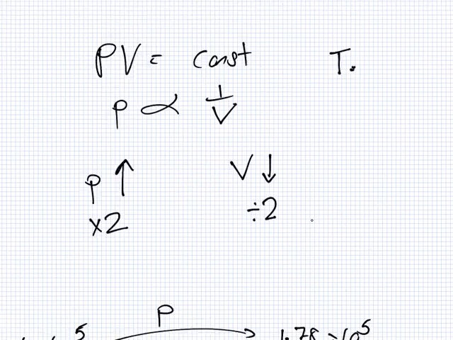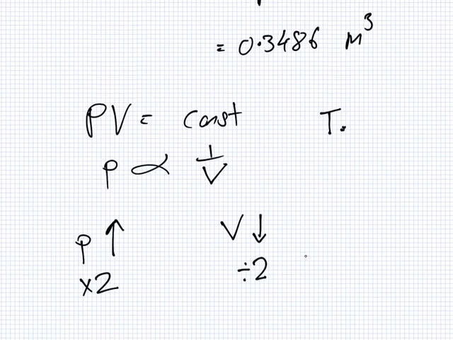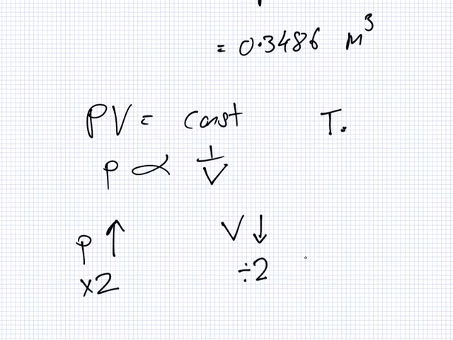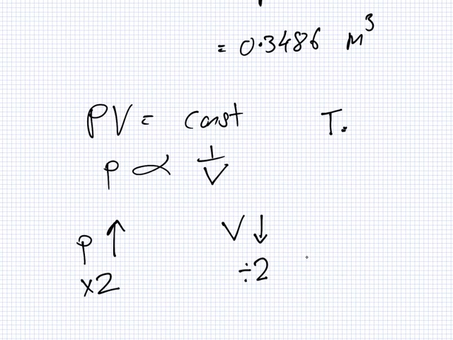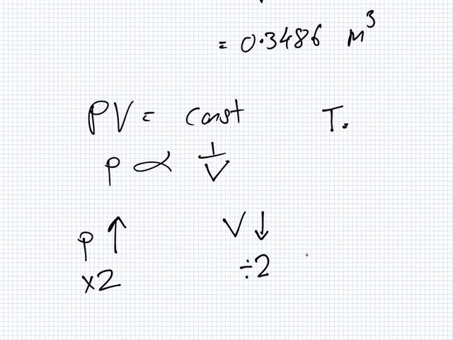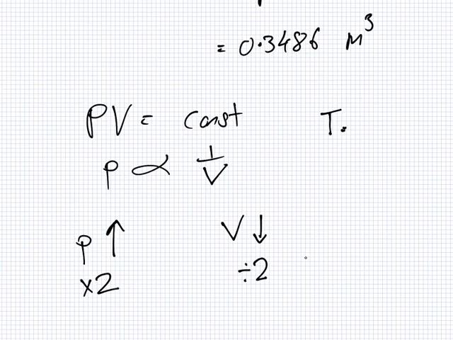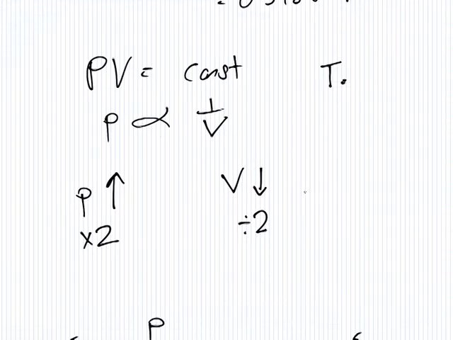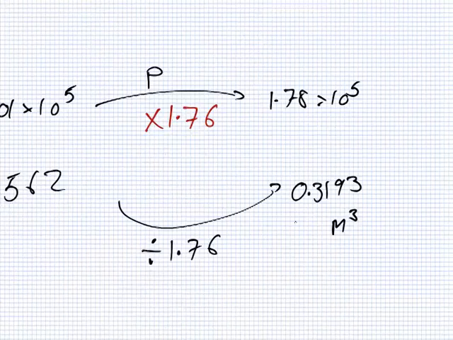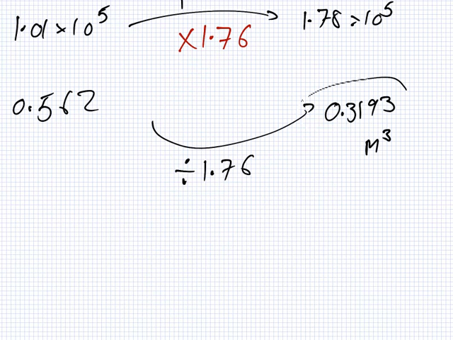How close is that? Close, but it's not exactly right. I don't think you can get full marks doing it this way. Is that okay? Let's have a look at 6 now.